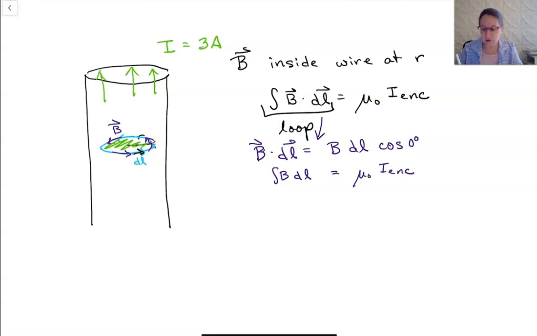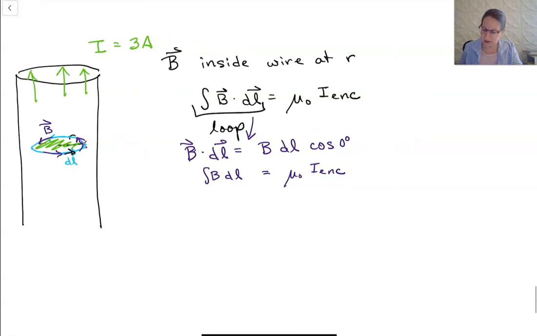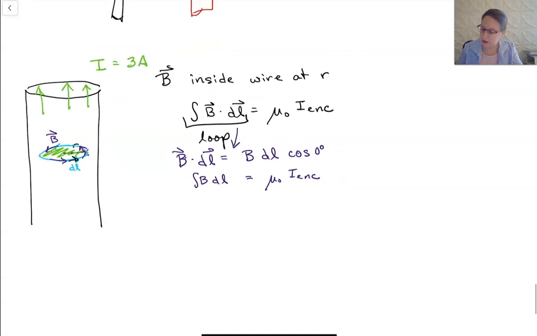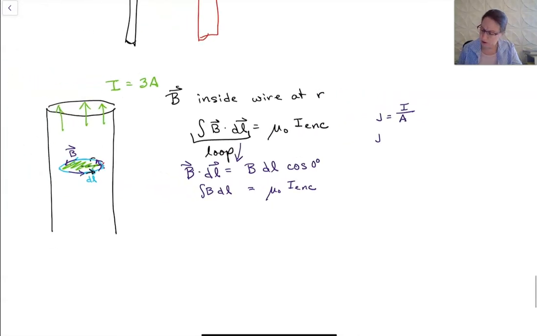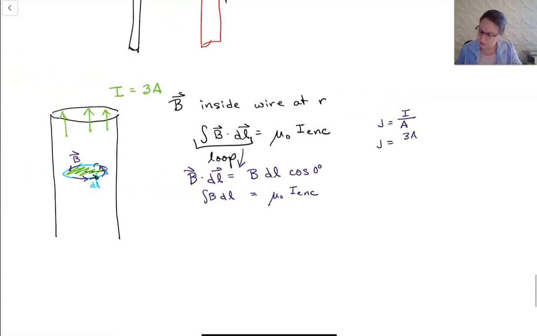In fact, we can talk about a density, as we have already with currents. We can say our current density, J, is current per area. The current density is the same everywhere, so it would be the total current, the 3 amps, over, say this whole thing has a radius of capital R, pi R squared.